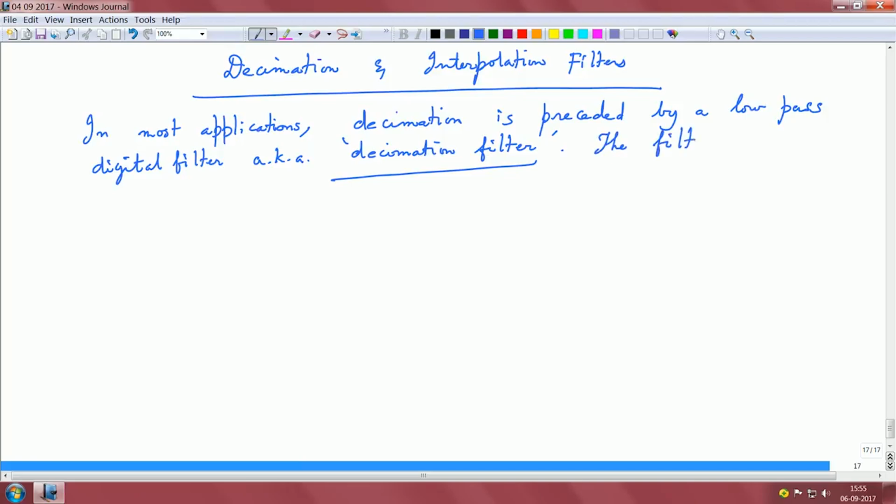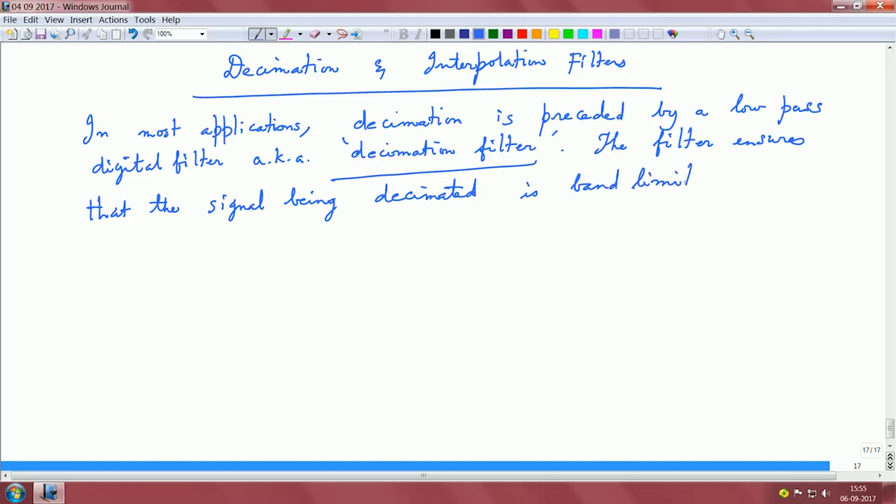The filter ensures that the signal being decimated is band limited.